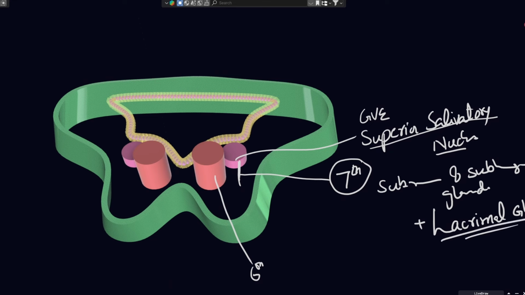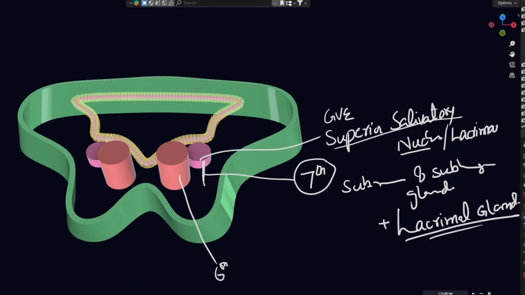So with that reference, the superior salivatory nucleus has another logical name. It is also called the lacrimatory nucleus. Now I am deliberately not going into the details of its pathway, how it is going to supply these glands and how it is going to join the nerve, because that is beyond the scope of embryology.